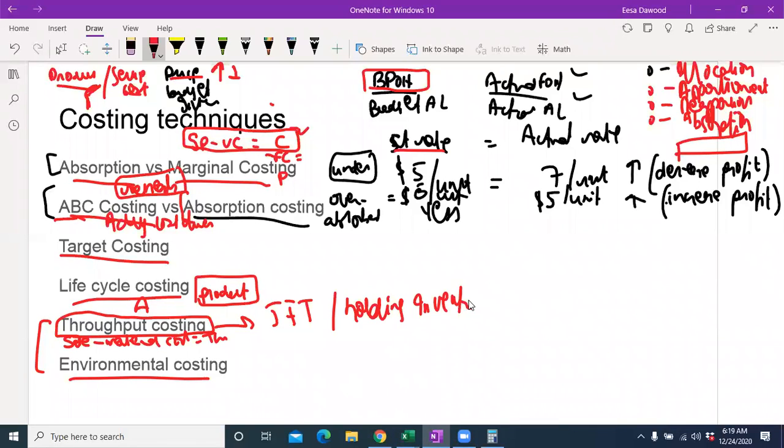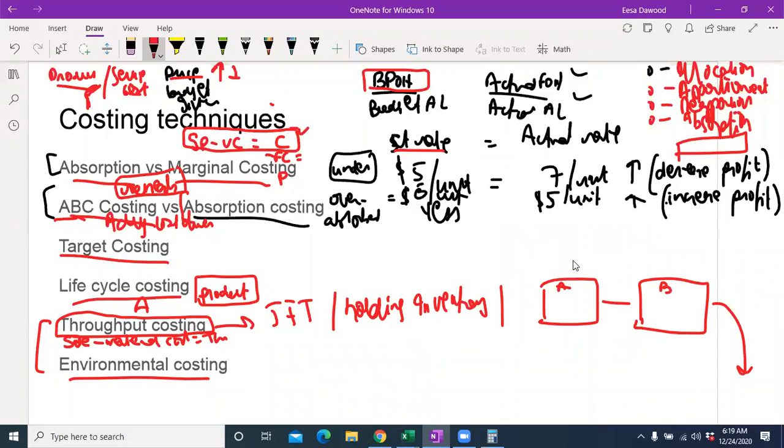And also in a machine-based environment, when production is done in different processes, on different machines, for example, this is machine A and this is machine B. For example, component A is made on machine A and component B is made on machine number 2.